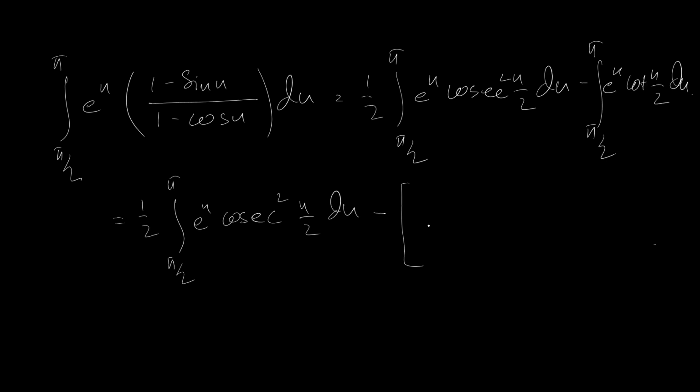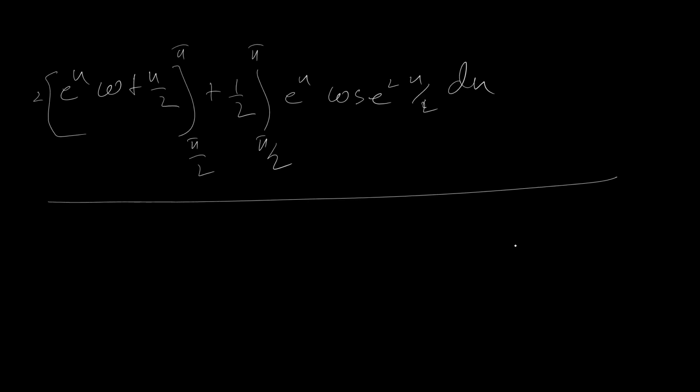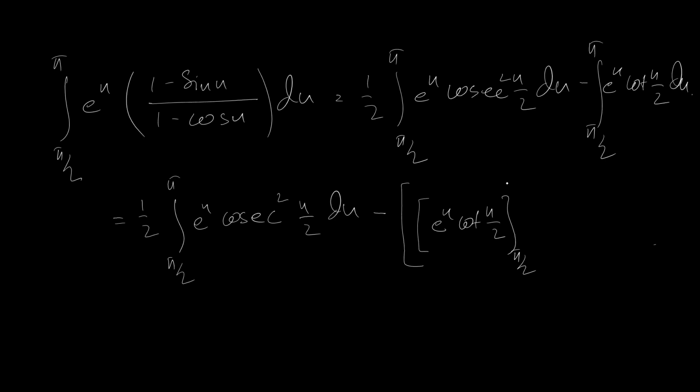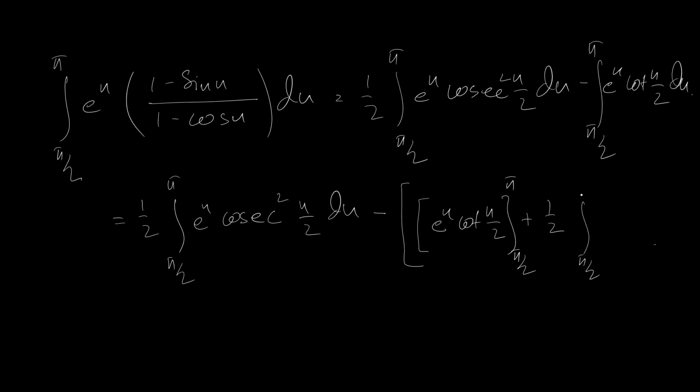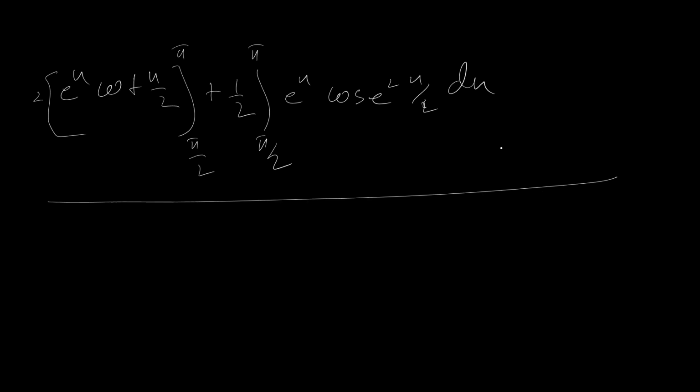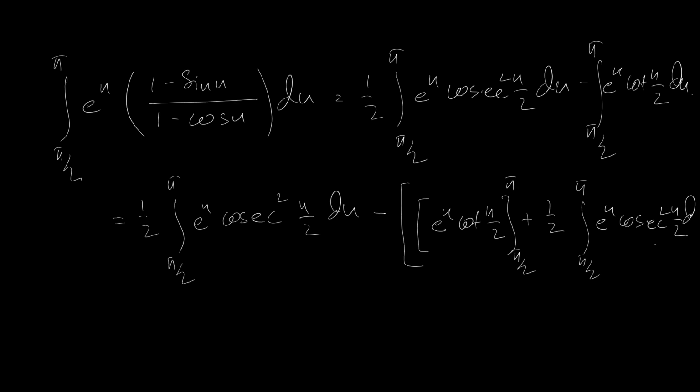So let's give a big bracket here: e^x cot x/2 from pi/2 to pi plus 1/2 the integration from pi/2 to pi of e^x cosec square x/2 dx, square bracket close.